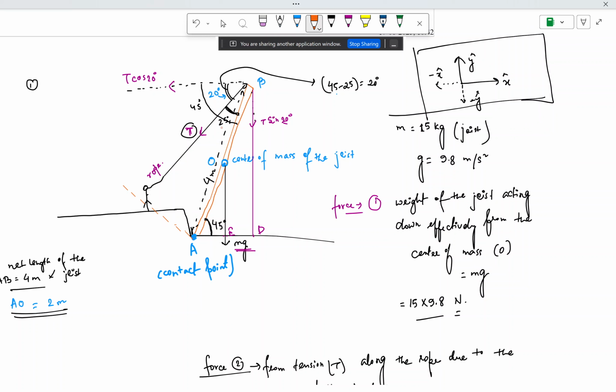Assume that this is a perpendicular straight line, which I may not have drawn very accurately, but this is your contact force N, right? N is your contact force.